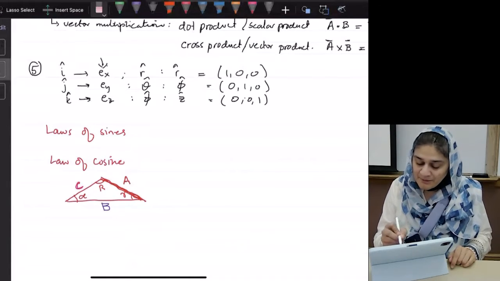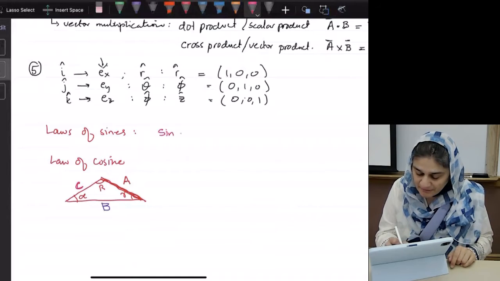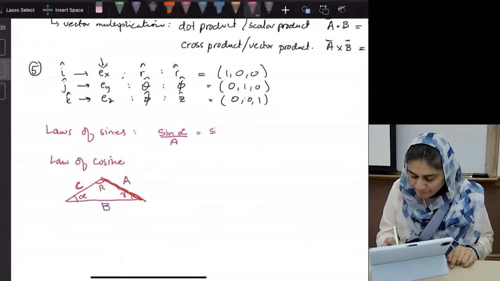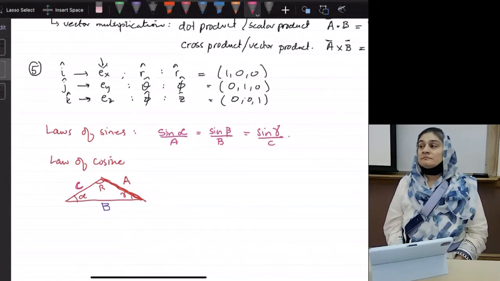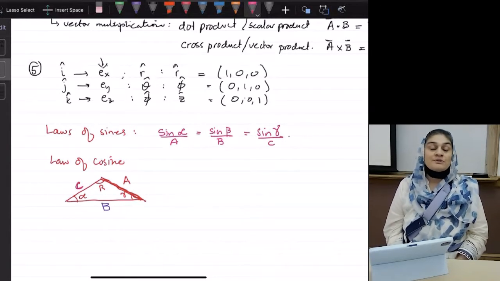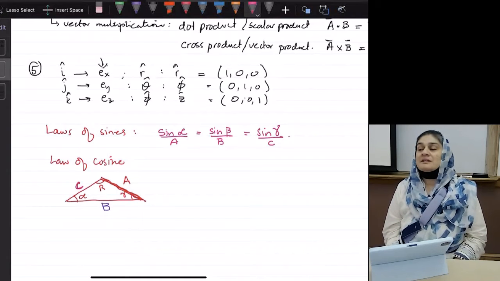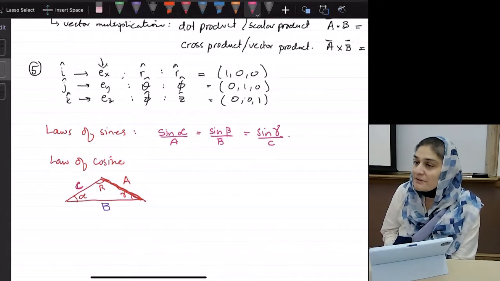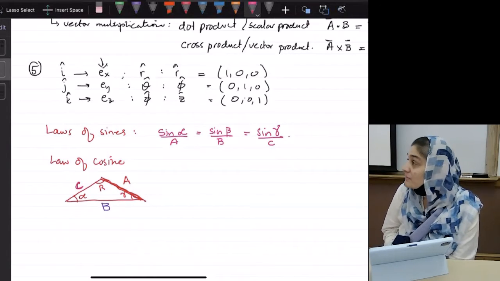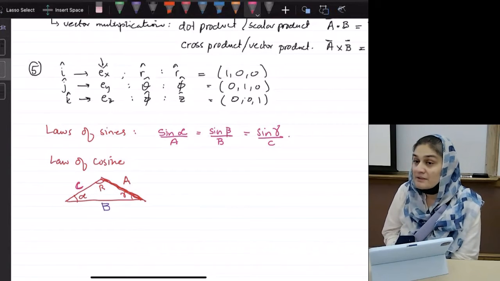Does anyone remember the law of sines? You are allowed to use any two of these parts to find whatever angle you're looking for, right? You don't actually have to have all three. We all know that from math, right?